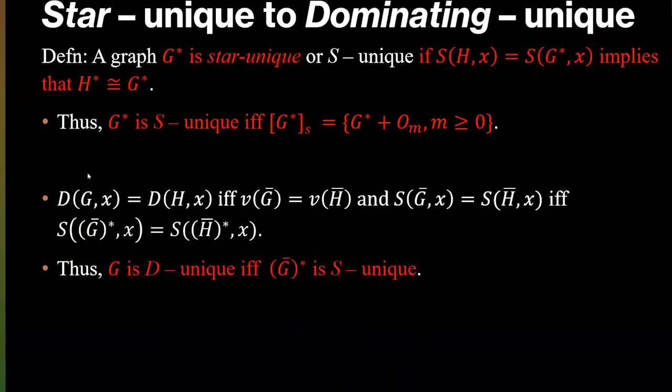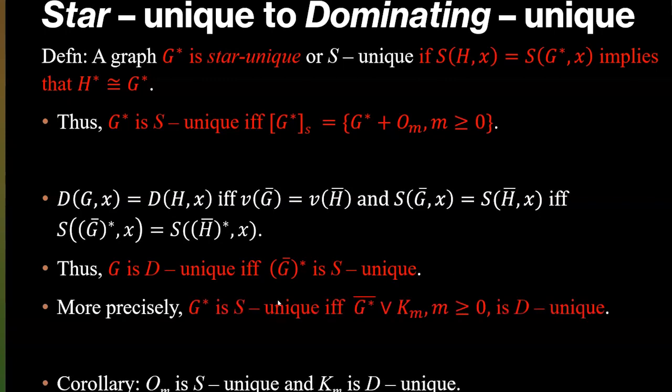Moreover, we can easily see that two graphs G and H have the same domination polynomial if and only if their complements have the same order and the same star polynomial. In other words, G is D-unique if and only if G complement star is S-unique.